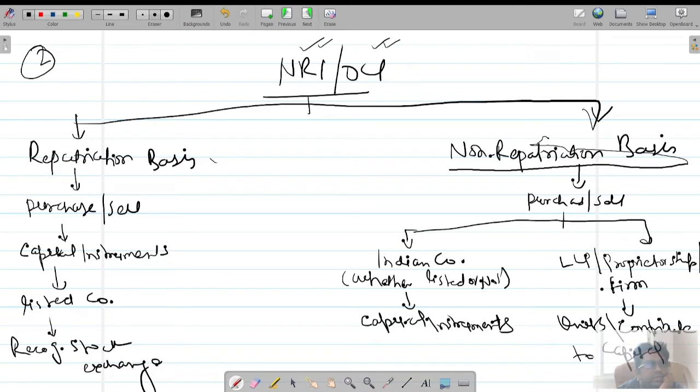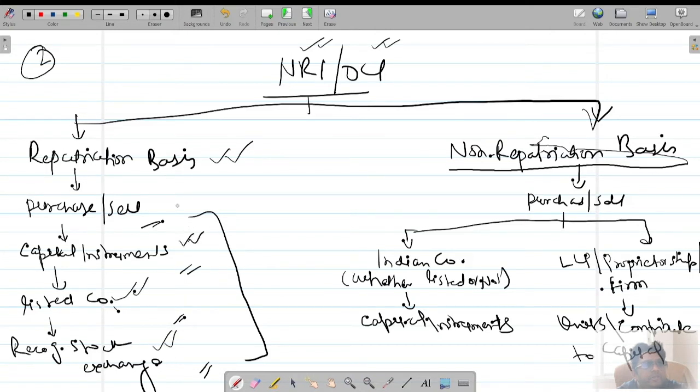On a repatriation basis, it is just like the previous one. They can purchase and sell capital instruments of a listed company on a recognized stock exchange. That is, they can invest only in a listed company which is listed on a recognized exchange, and they have to invest in capital instruments only.